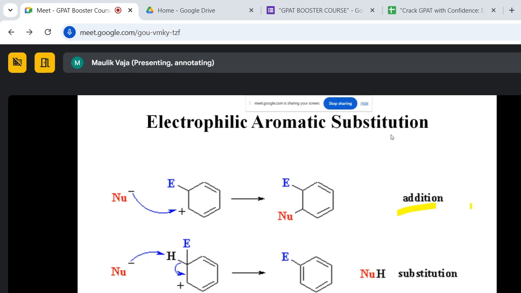Electrophile means a positively charged or electron deficient species. Aromatic compound means it should be cyclic, planar, conjugated, and follow Huckel's rule of 4n plus 2 pi electrons. And why substitution reaction? Because of resonance.